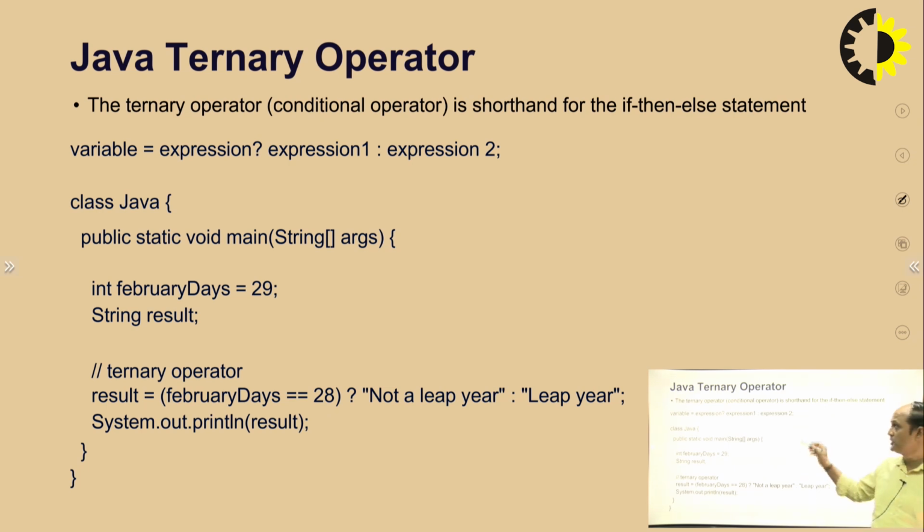The ternary operator is a newer operator that we can use in Java. In previous languages like C, C++ and others, we cannot use the ternary operator, only the binary operators or unary operators. Now, Java ternary operators are conditional operators used for the if-then-else statement.